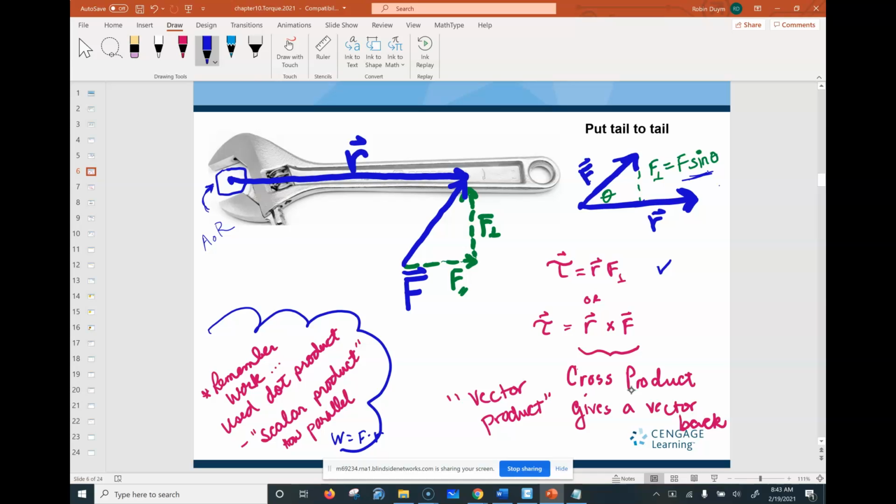Well, the cross product shows us how perpendicular these two vectors are. We just want the perpendicular part of one of them compared to the other, because again, this is the only part of that force that's going to give any torque.